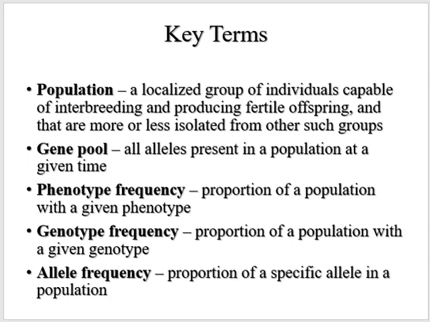Typically, if the gene frequencies are not changing in a population, we say that population is in what's called Hardy-Weinberg Equilibrium. And we'll talk about that in the next lecture about the Hardy-Weinberg Equilibrium and equation.